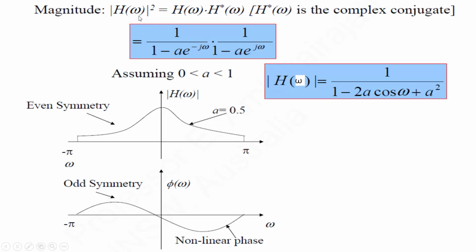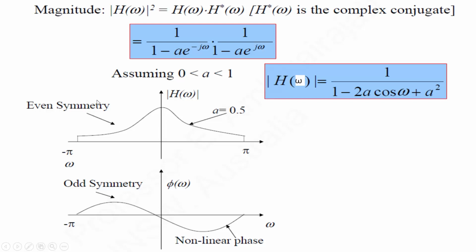You can get the magnitude squared of H of omega. Once you get 1 over 1 minus, you take the conjugate here and further simplify this, you will get this expression of magnitude response. You vary the values of omega, keeping a between 0 and 1, and you will get this type of curve within the minus pi to pi range.